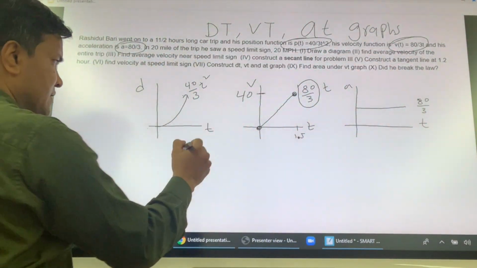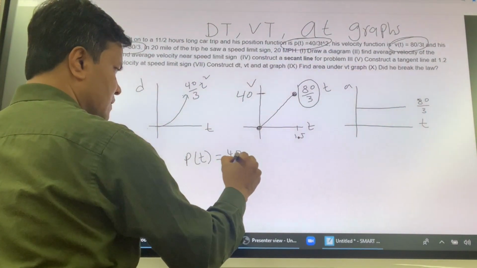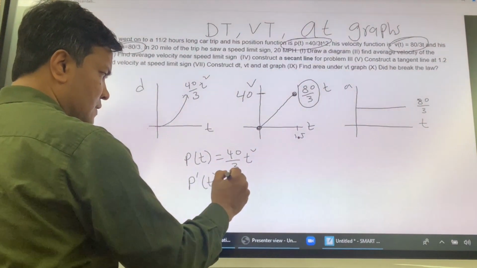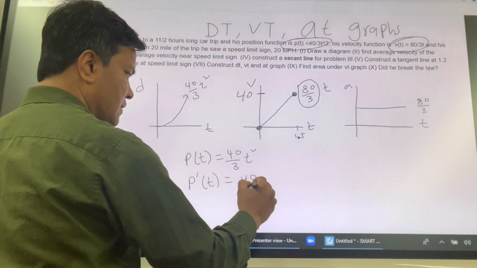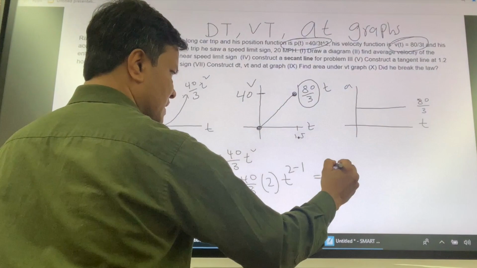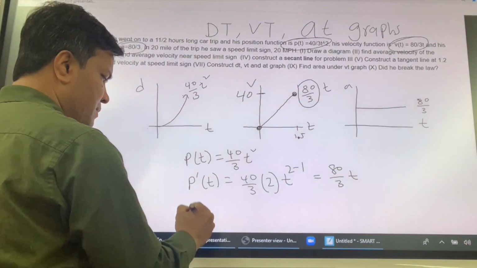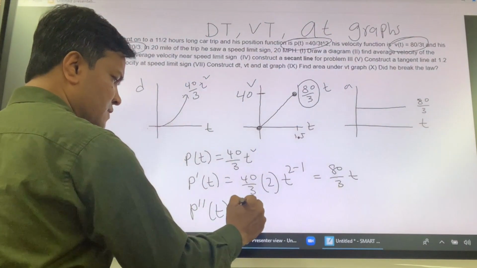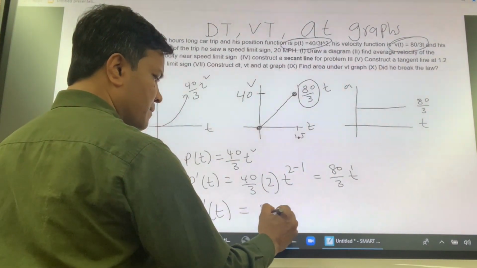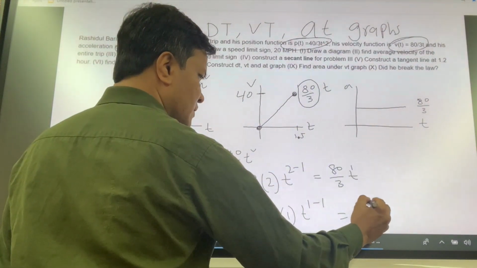If you write this function, p of t is 40 over 3 t squared, then if you take the first derivative, you get 40 over 3 times 2, t to the 2 minus 1. So you get 80 over 3t. If you take the second derivative using the calculus invented by Sir Isaac Newton, the exponent is 1, so you get 80 over 3 times 1, t to the 1 minus 1. So you get 80 over 3.